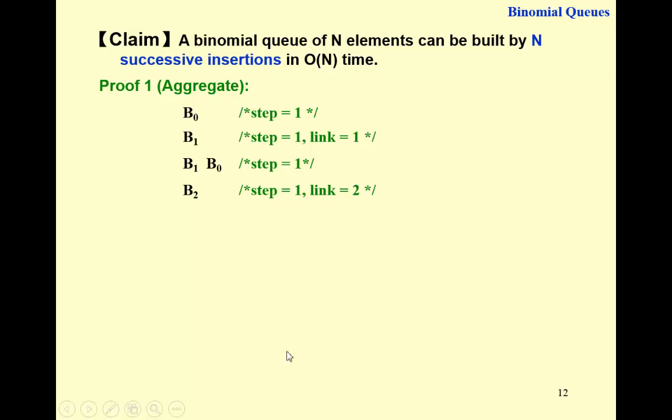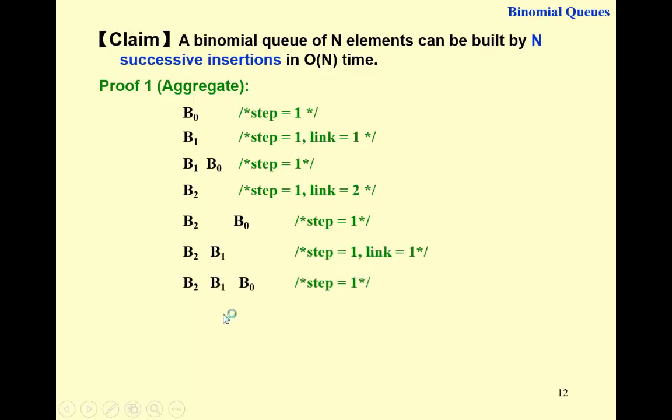And if that's not clear enough to see the pattern, let's try to insert more nodes. Next one is going to be a good case, right? One step plus one link, and then one step, and then one step plus 3 links, right? Link, link, link, to get B3. And then we're back to the best case again, and so on and so forth.